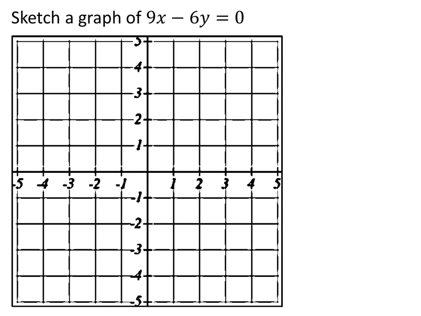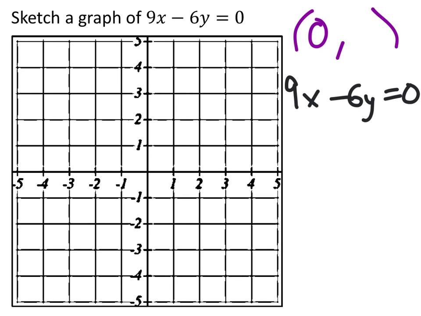All right, sketch a graph of 9x minus 6y equals 0. This time we'll try finding some points on this one, even though I do think it would be a little bit easier just to change this into slope-intercept form. But we can't make everything easy on ourselves. So let's try finding one of the intercepts. Let's try the y-intercept first, because that'd be really nice. So in the equation 9x minus 6y equals 0, I can replace my x value with 0 and then just solve for y.